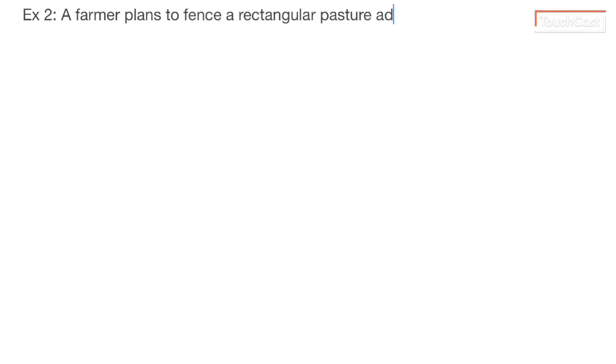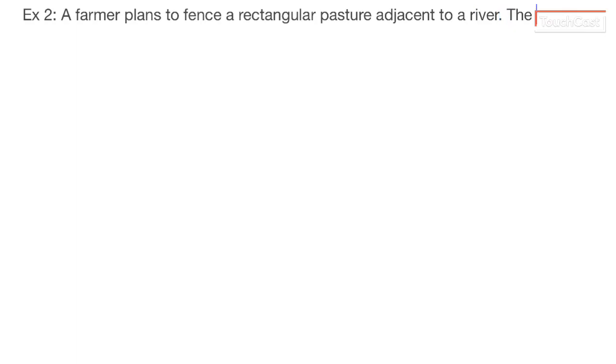Example 2. A farmer plans to fence a rectangular pasture adjacent to a river.